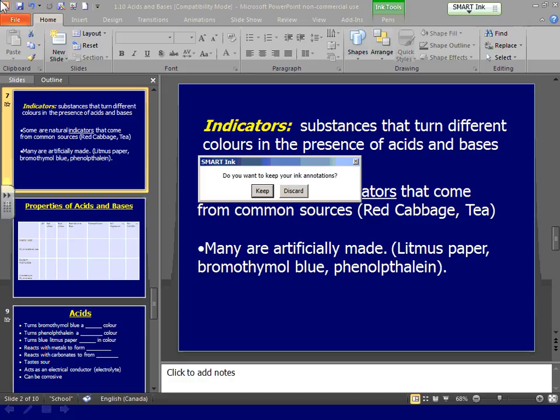Yeah, you put it blue. Yeah, it went red. So what does it mean by mixed with magnesium? So you're going to put a little magnesium with the acid or the base or whatever you're testing, and you're going to see what it does. Did you put some magnesium in one?